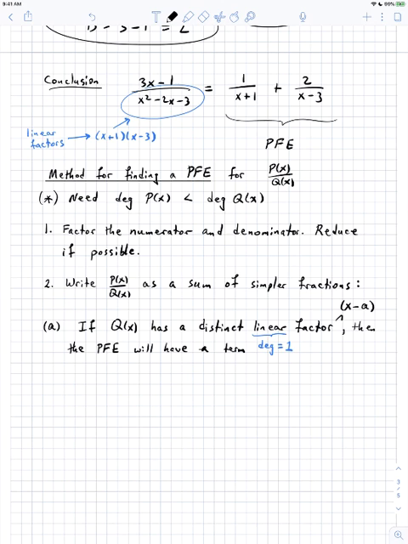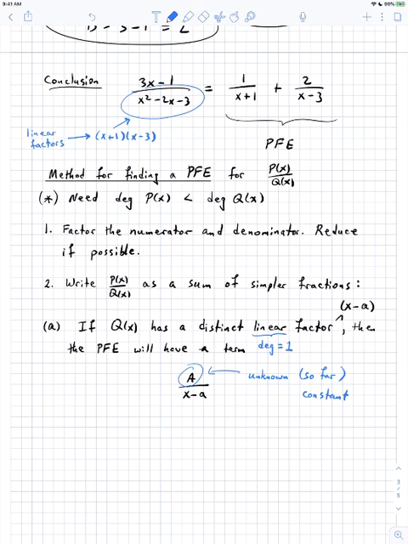So if q(x) has a distinct linear factor of this form, x minus a, then the partial fractions expansion will have a term that looks like A over x minus a, where this A is a constant. So A is an unknown, at least so far, constant. I say it's unknown so far because the goal is to eventually figure out what that value is.